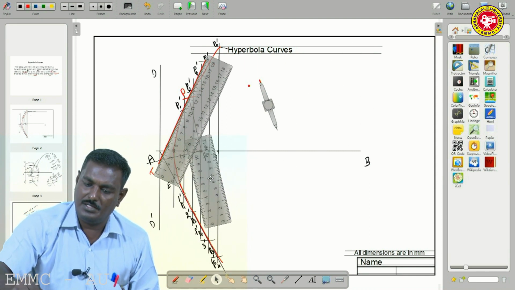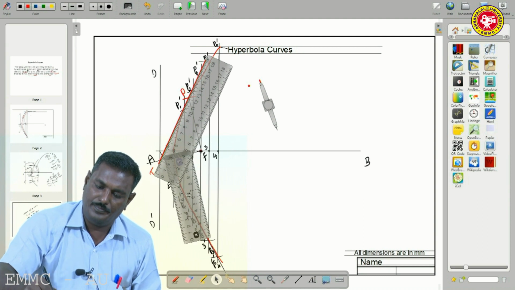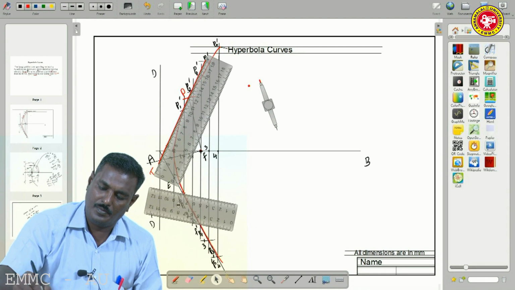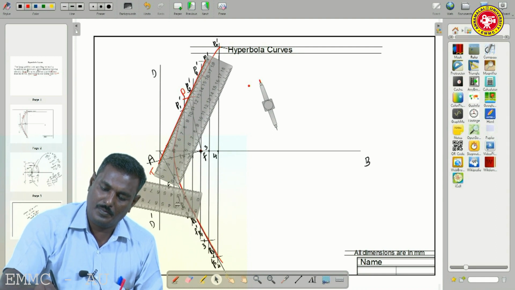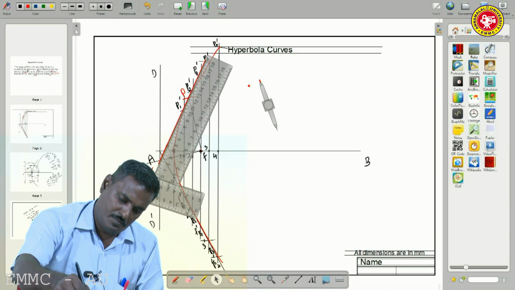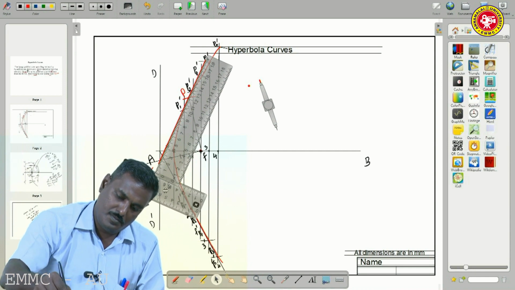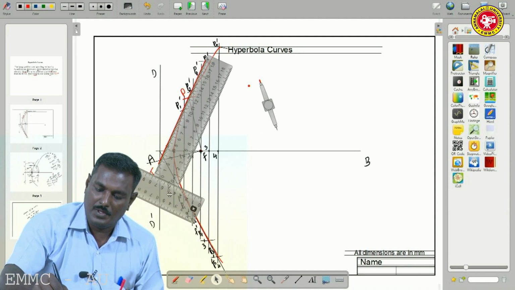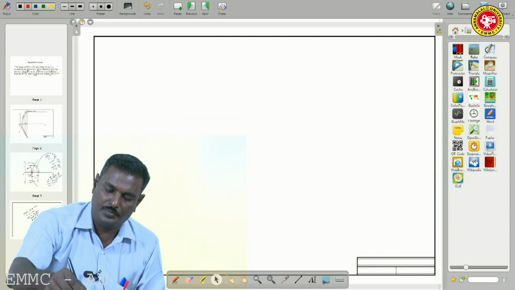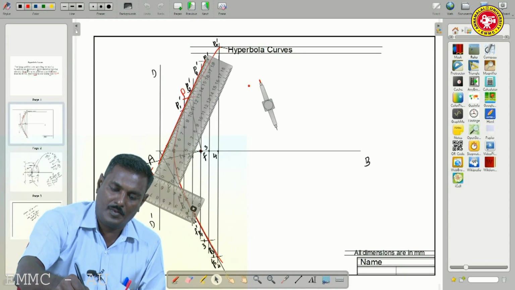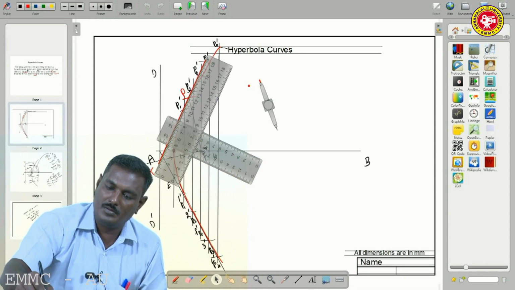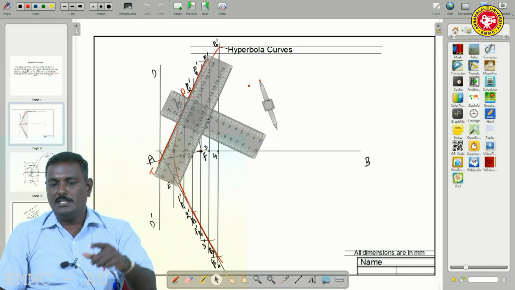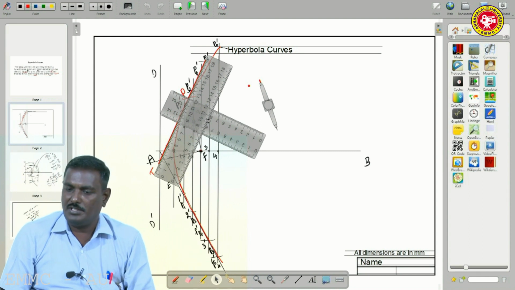So another scale, from this. Another scale is perpendicular by use of the mini drafter.